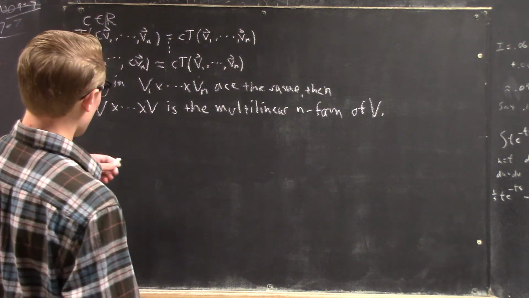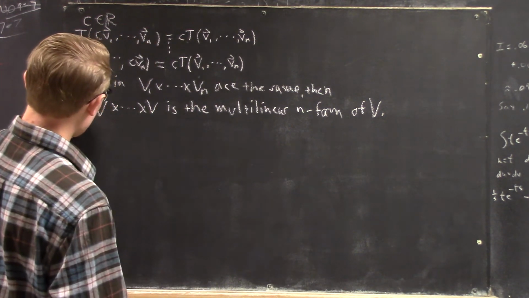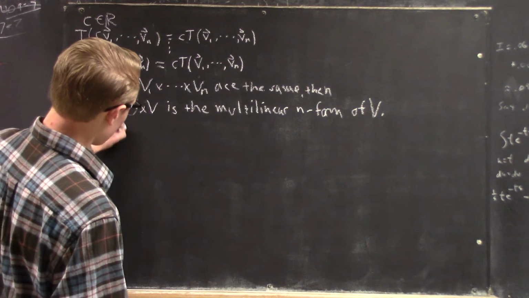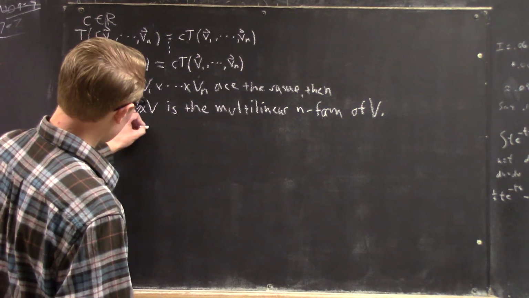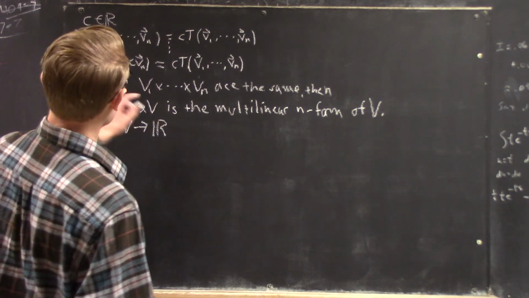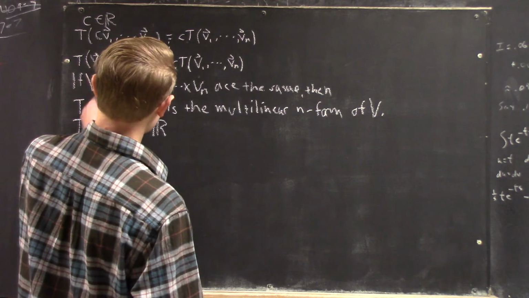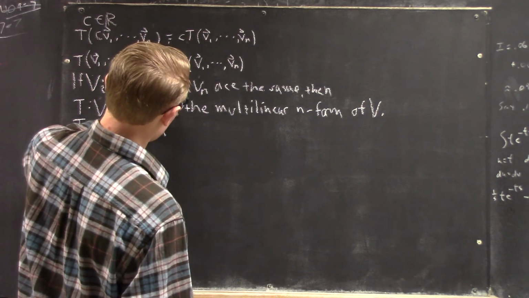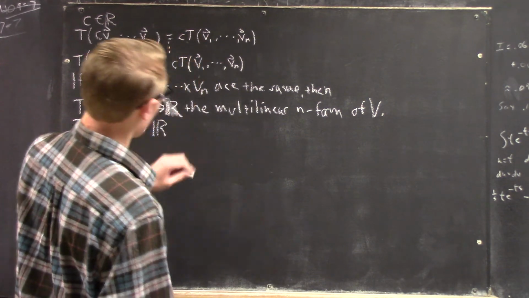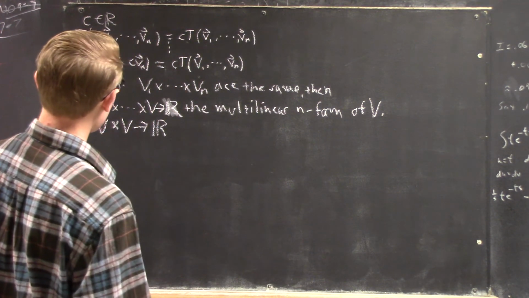But for a particular example, let's just say we had the transformation of simply V cross V to the set R, and this is a multilinear form. Forgot to mention, this transformation goes to the set R, the set of all real numbers.